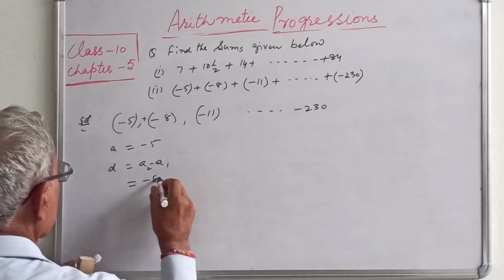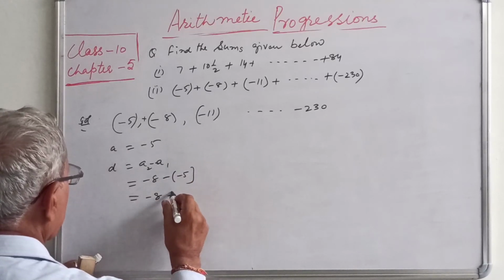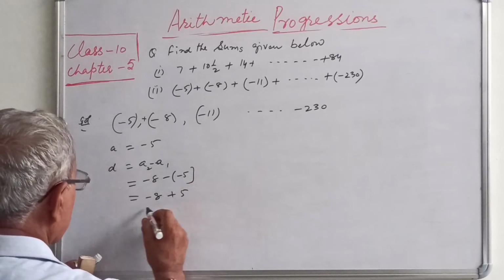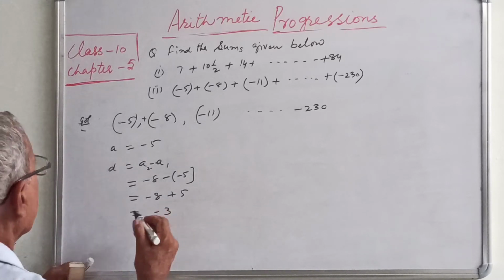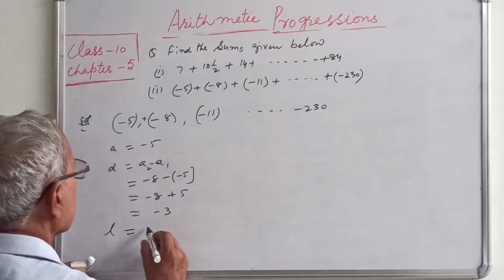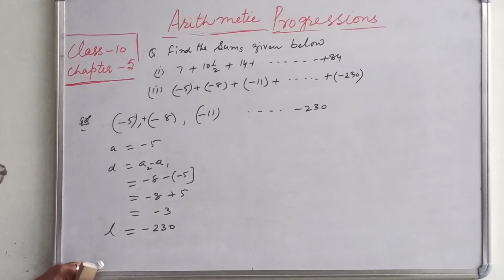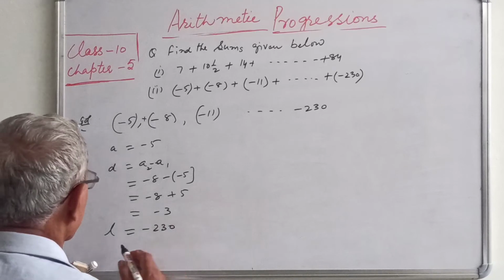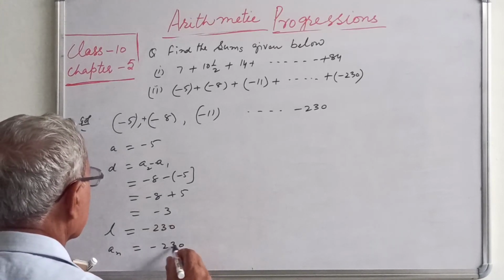So minus 8 minus minus 5, so minus 8 plus 5, so D will be minus 3. And the L, the last term, is given minus 230. So nth term AN is minus 230.